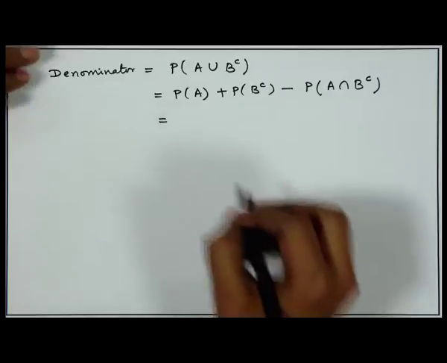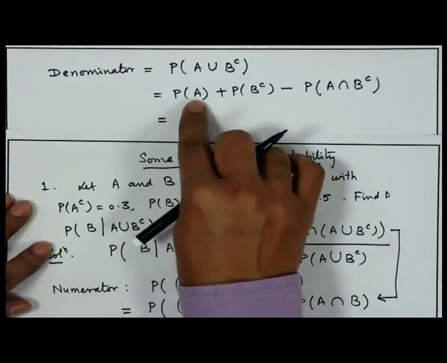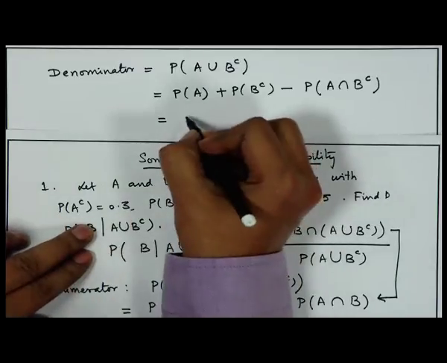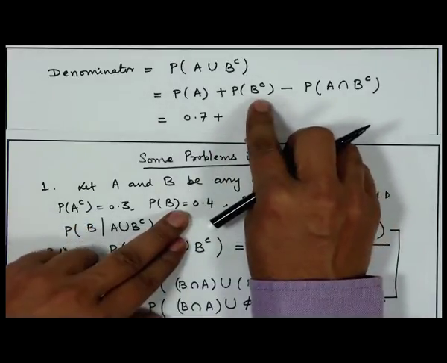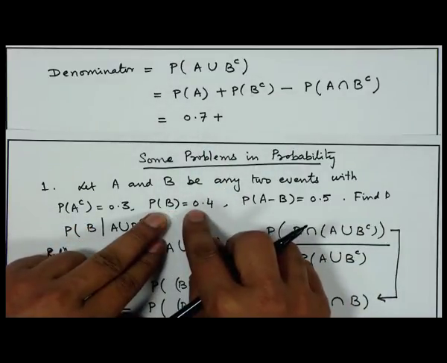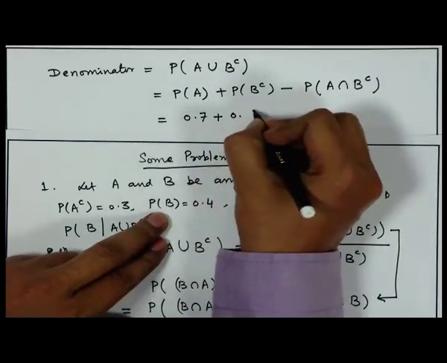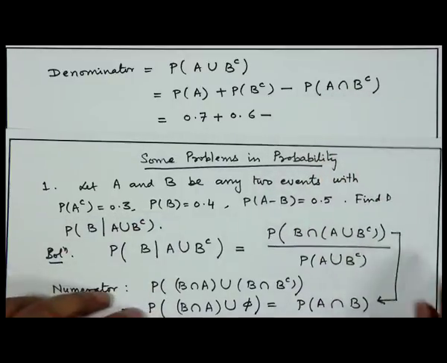So, once again you see what are the values that we are supposed to write here. Probability of A, that is 1 minus probability of A complement, is equal to 0.7, plus probability of B complement, that is 1 minus probability of B. So, that is 1 minus 0.4, that is 0.6. Now, what is probability of A intersection B complement?